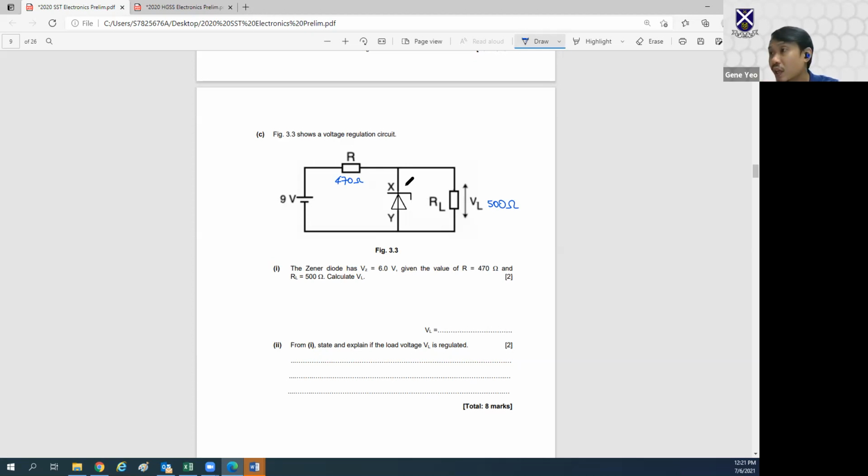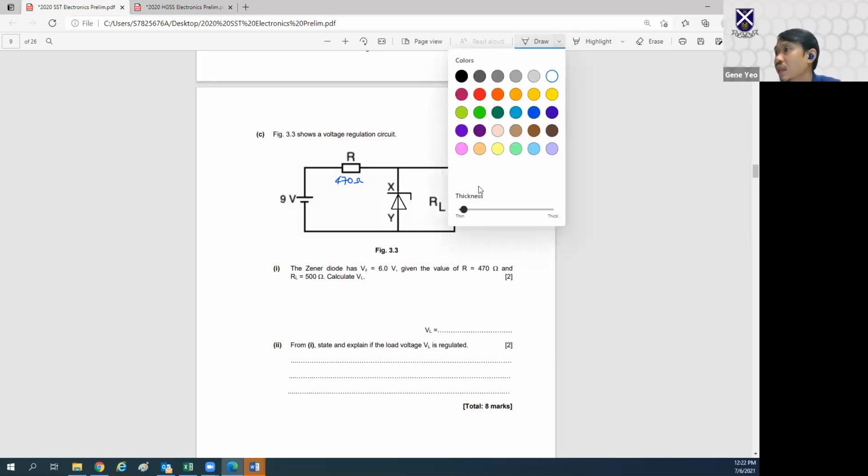So what I'm going to do is pretend that the Zener diode doesn't exist first. I'm going to do a circuit analysis just based on R and RL. I'm going to ignore this value. One good thing about this is that I can make things disappear.